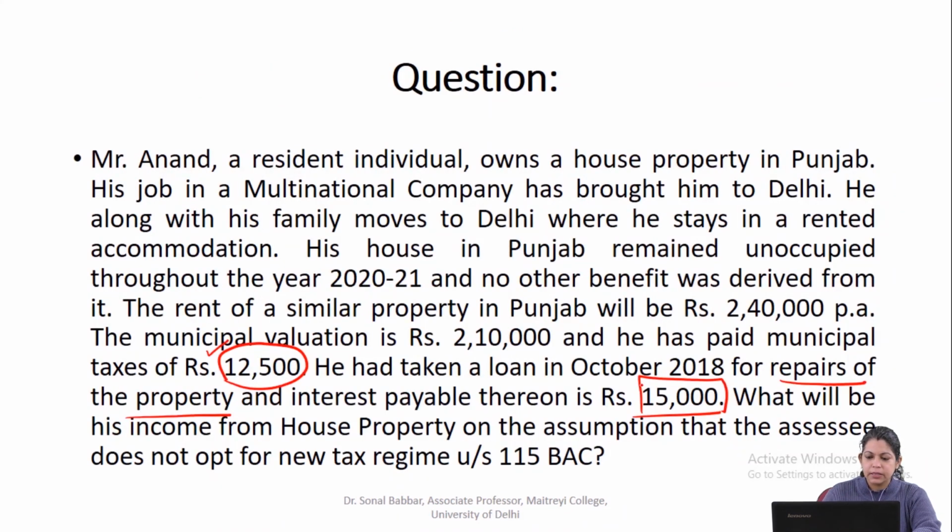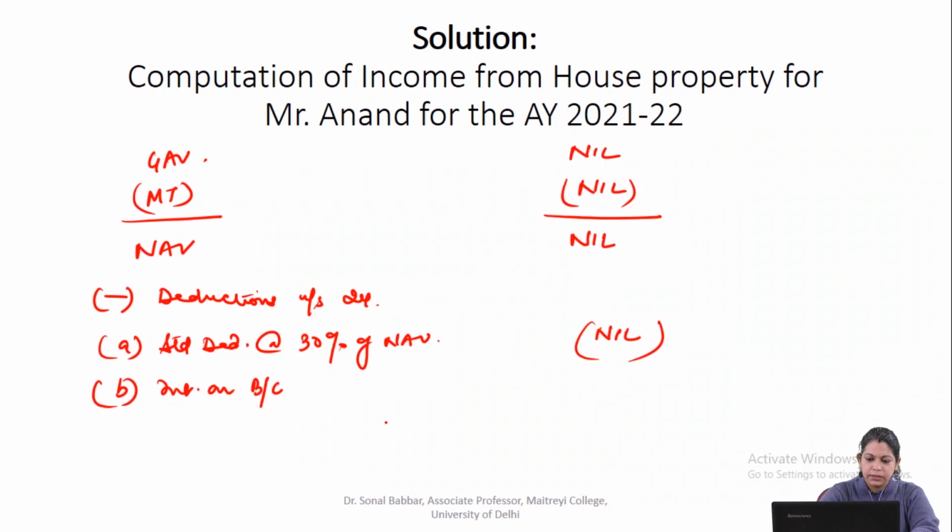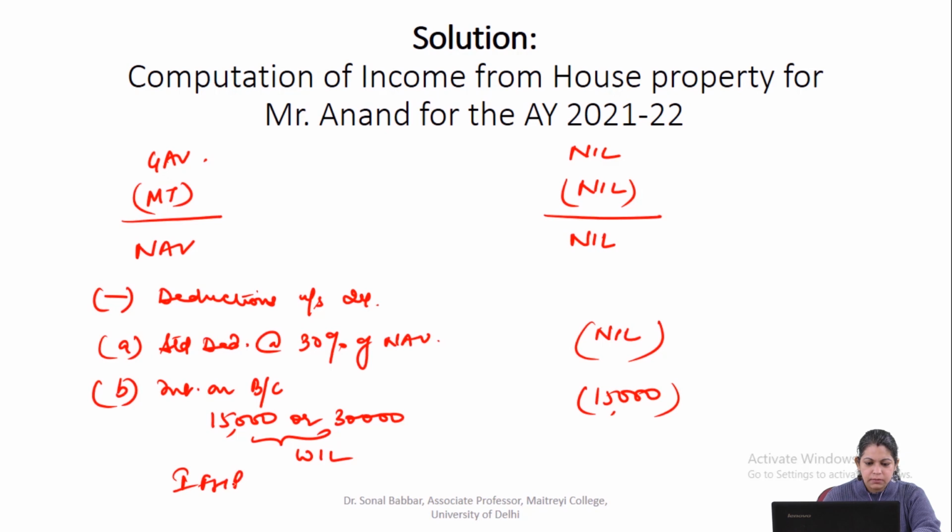Although the loan has been taken beyond the date 1st April 1999, loan was taken sometime in October 2018, but the purpose of taking loan was repairs of the property. Therefore, the maximum ceiling applicable here is 30,000 rupees. And the interest accrued is 15,000. Comparing it with 30,000, whichever is less is available as deduction. So IFHP from such self-occupied property is negative 15,000 rupees.